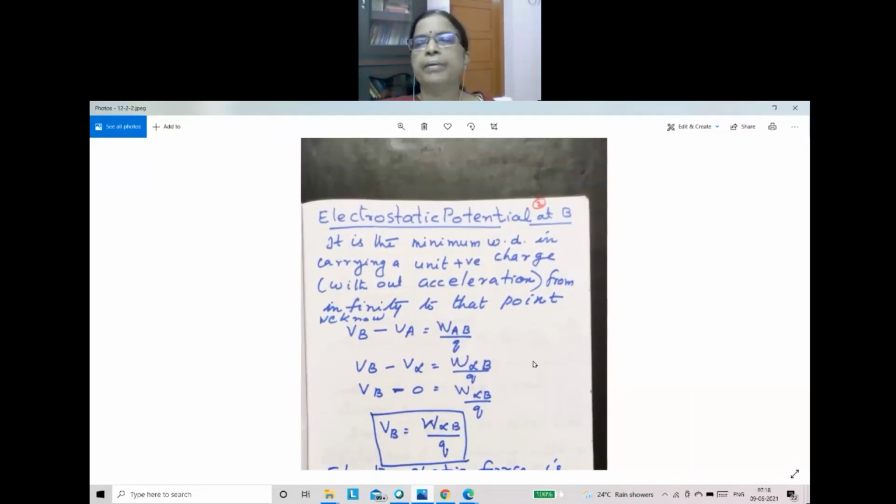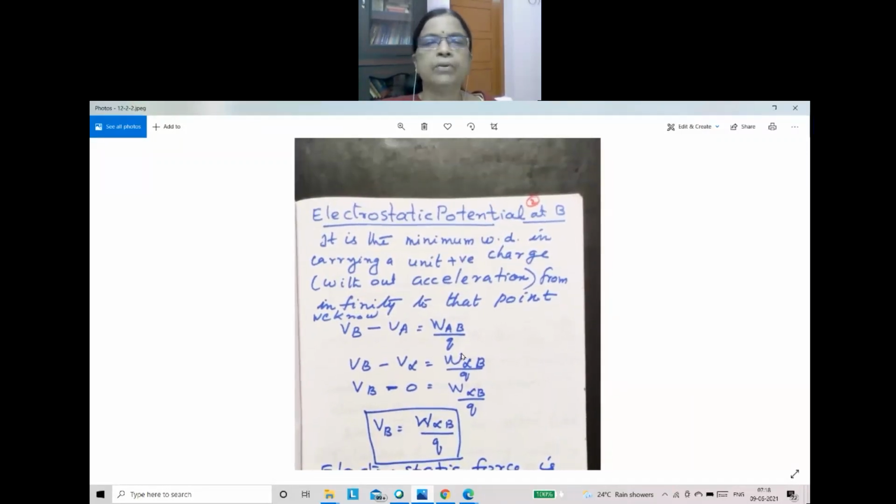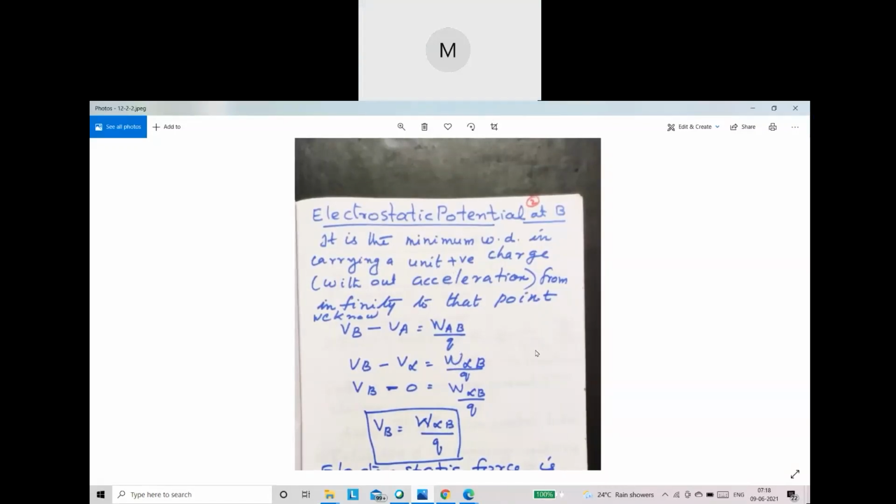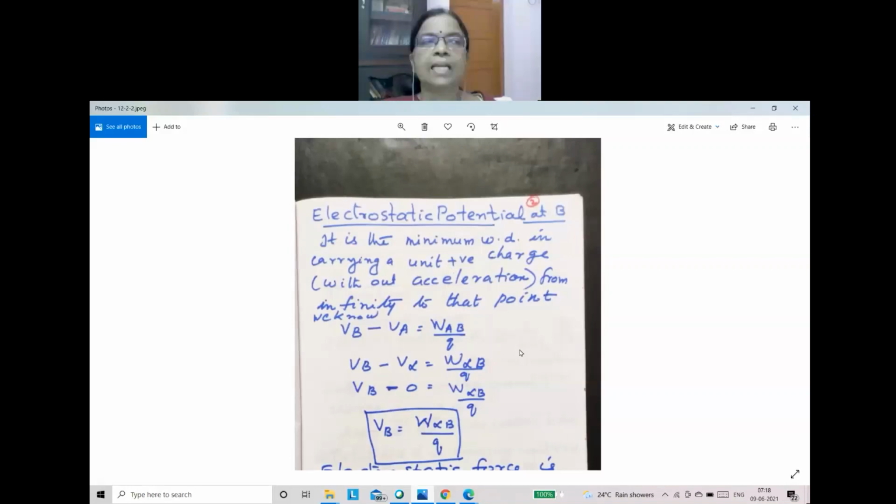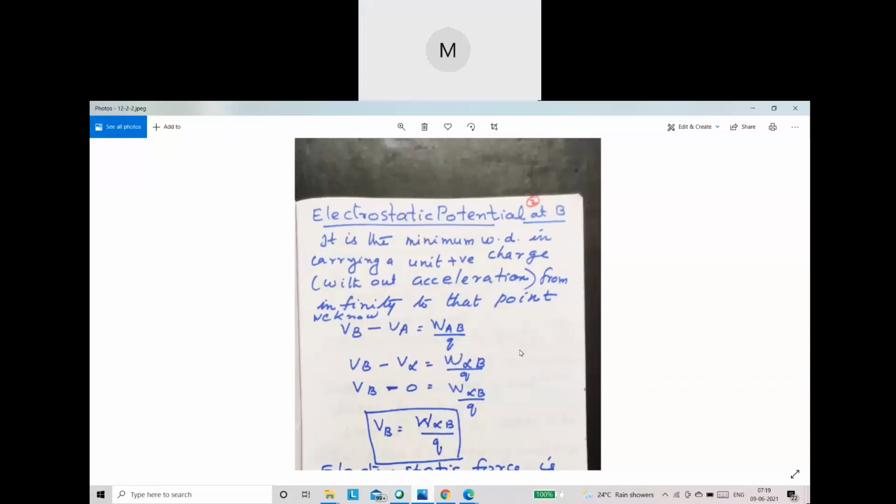That means from infinity you have to bring the amount of work done by a unit positive charge to bring it from infinity. Potential at B means the work done to bring a unit positive charge from infinity to that point.